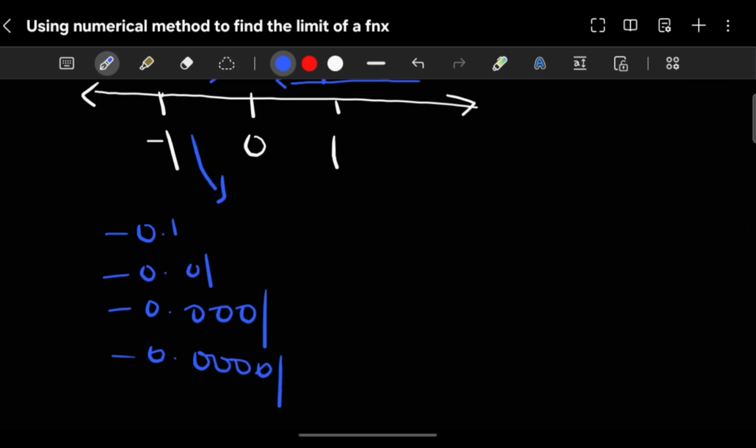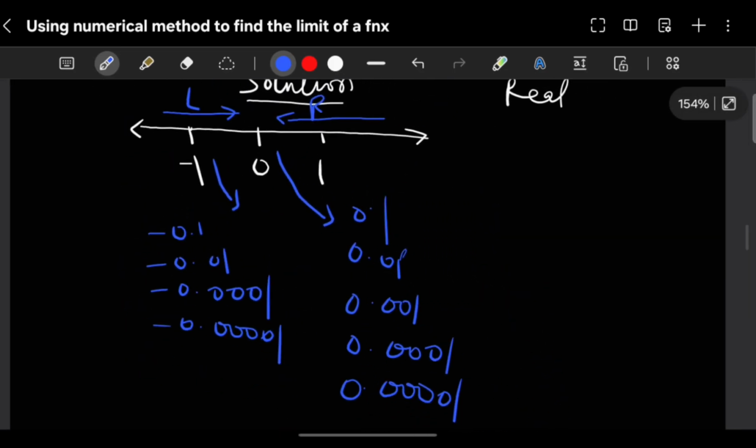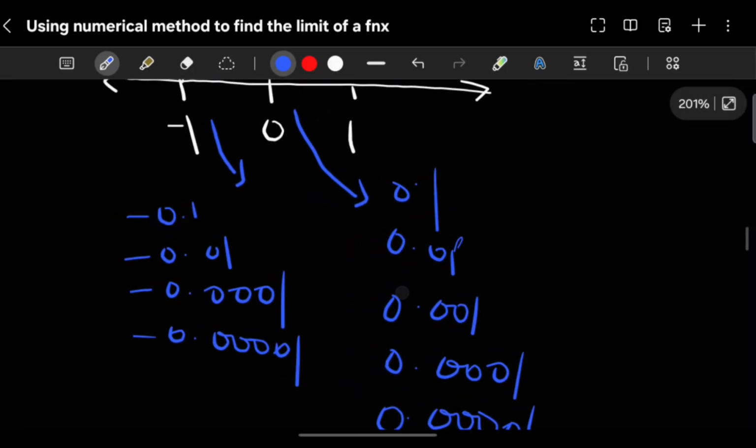These numbers are approaching 0. The more the zeros, the faster it approaches 0, and it is from the left hand side. Then from the right hand side, we have 0.1, 0.01, 0.001, 0.0001, 0.00001. All these numbers are approaching 0, both from the left hand side and the right hand side. You see that before 0, the numbers are less than 0 and they are negative, right?